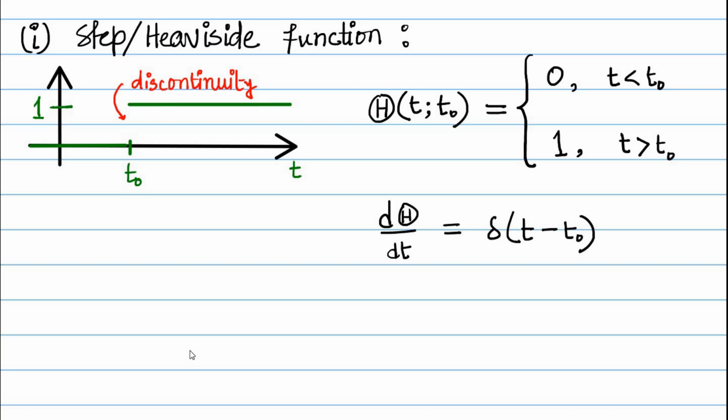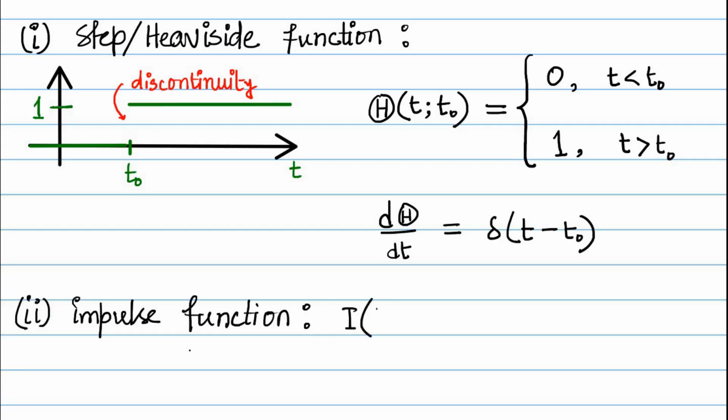Okay, so the second kind of function we need to talk about is called the impulse function, and we shall be writing it with an I. So I has 3 arguments. One would be t, and the other 2 would be t0 and t1. Alright, and this shall be defined.